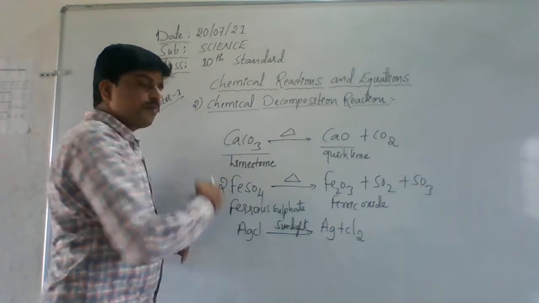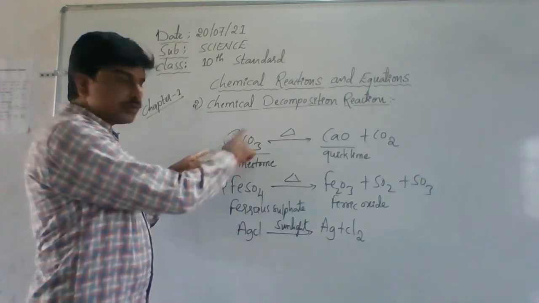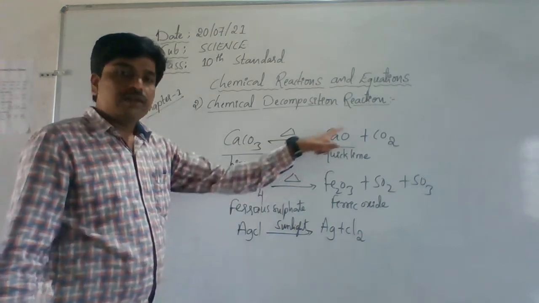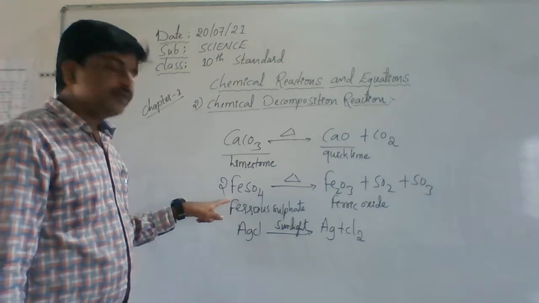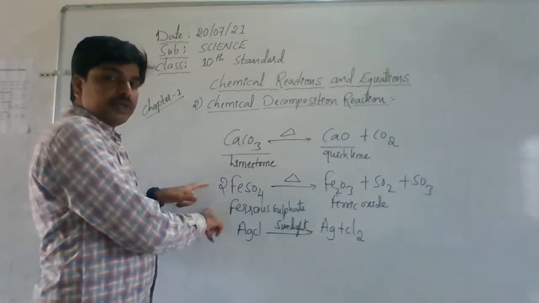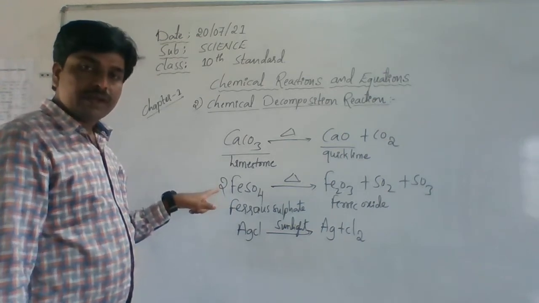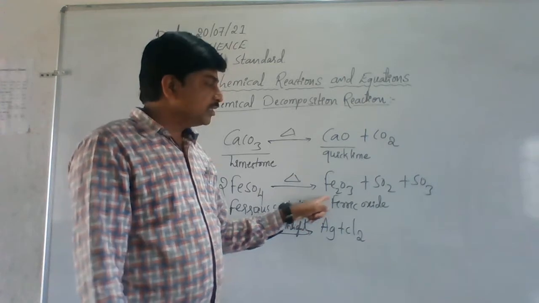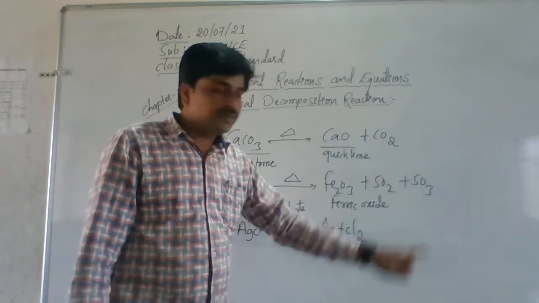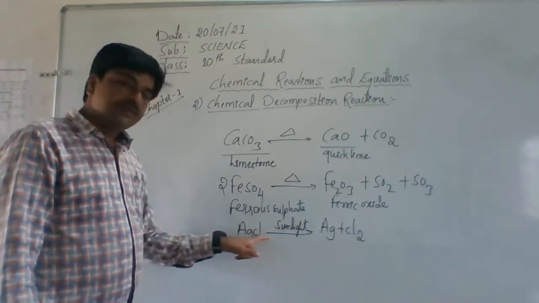Here, we are giving heat directly to this calcium carbonate and it breaks down to form calcium oxide and carbon dioxide. Here another compound is there, ferrous sulfate. When we heated the ferrous sulfate, it also breaks down to form ferric oxide, sulfur dioxide and sulfur trioxide gas. See the last case, silver chloride.